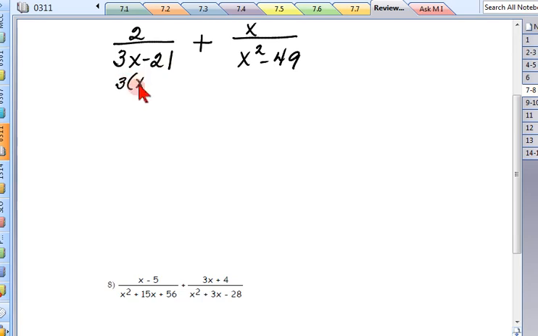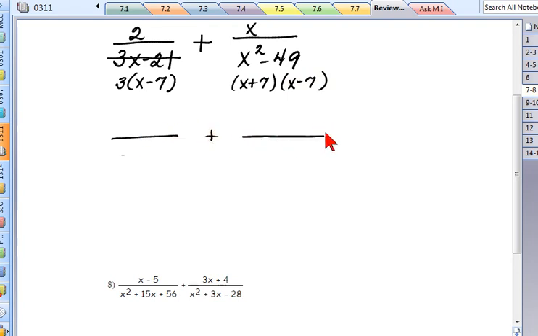That's 3 times x minus 7, and you don't need that anymore. How does the second denominator factor? It's the difference of squares. So it's x plus 7 times x minus 7. So what's the common denominator?